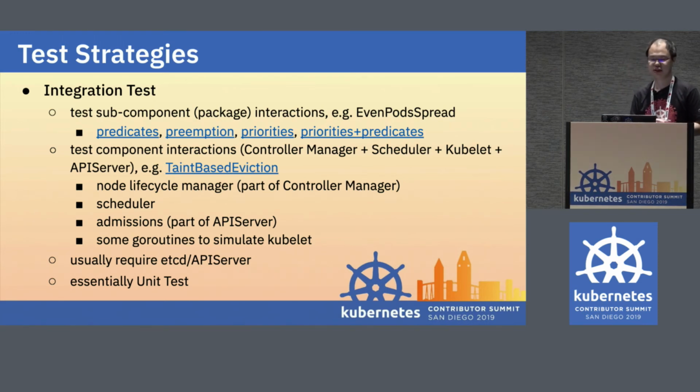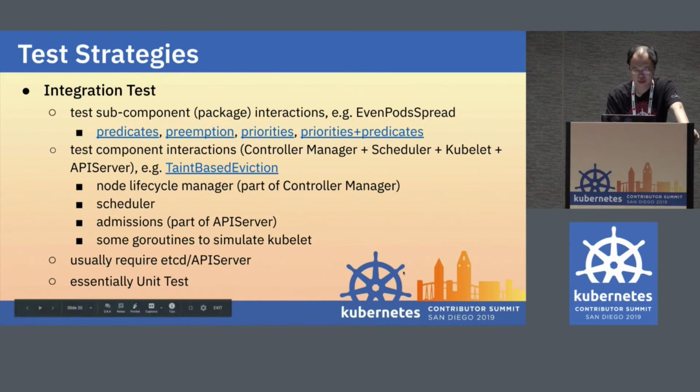Also, it can test high-level component interaction. For example, I give an example, taint-based eviction here. It's an amazing test that combines all 4 major parts of Kubernetes. For example, it has to test the node lifecycle manager, and also the scheduler, and also admission, because admission is part of the API server and applies some extra fields to the object.